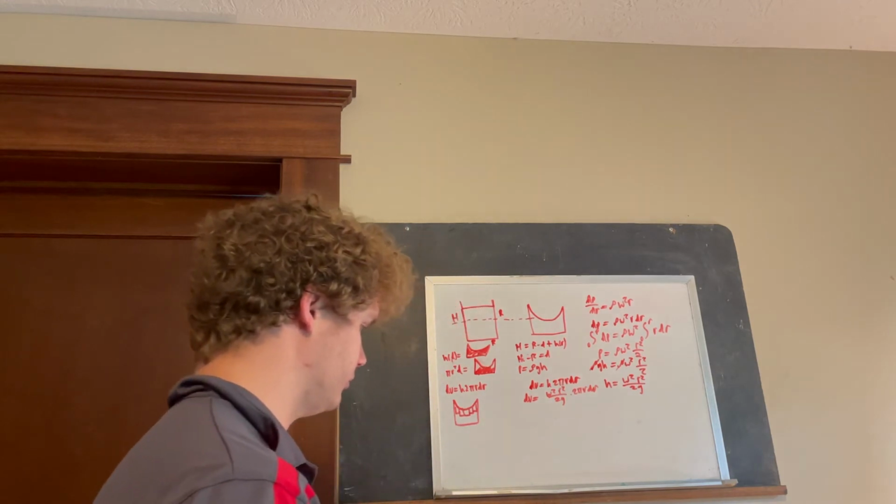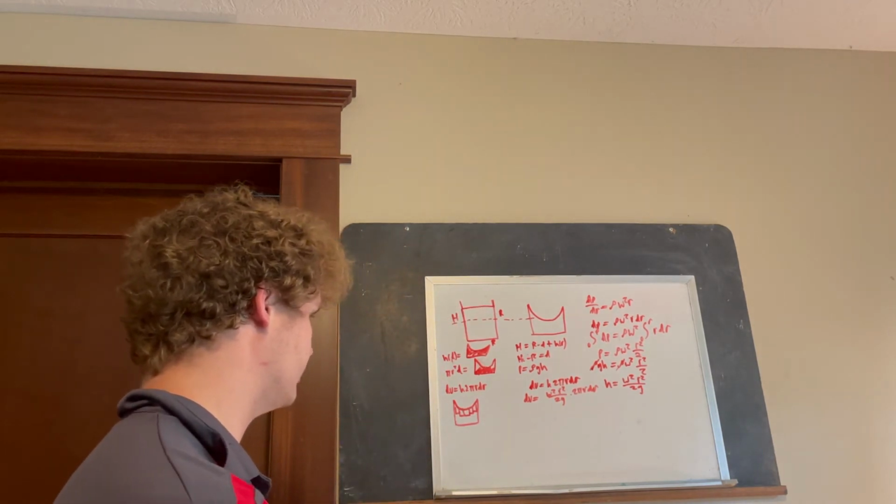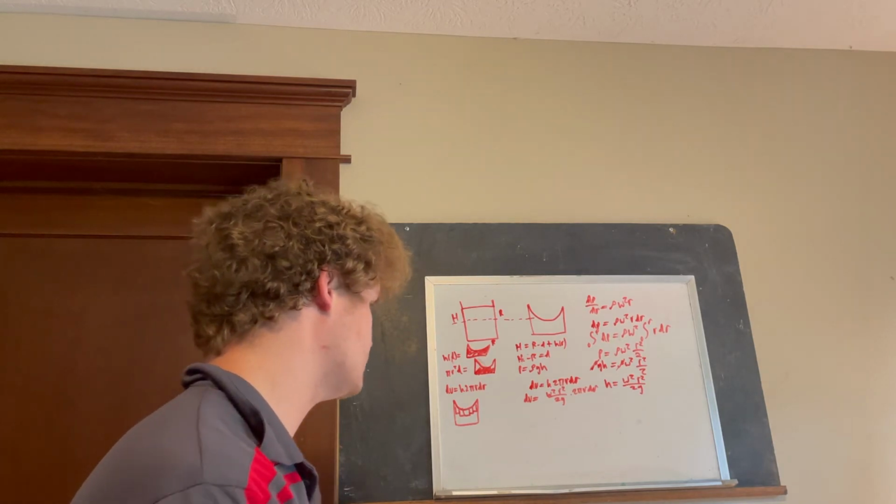Now from here, what do we want to do? We want to integrate the dV, and we can integrate the r dr here, the change in radius.